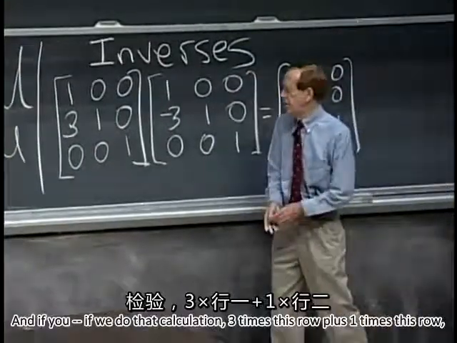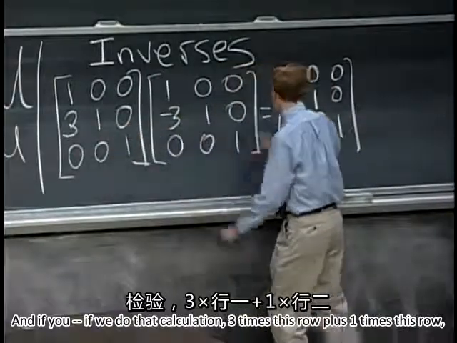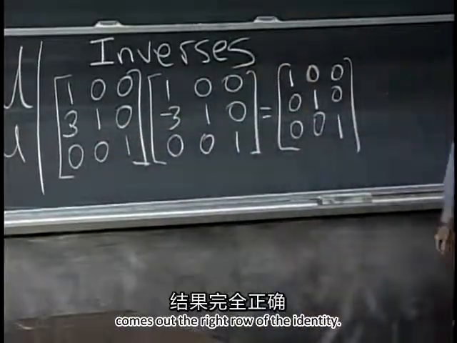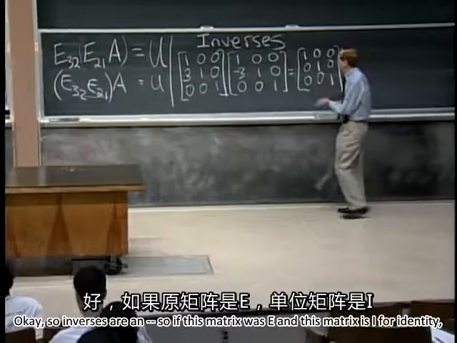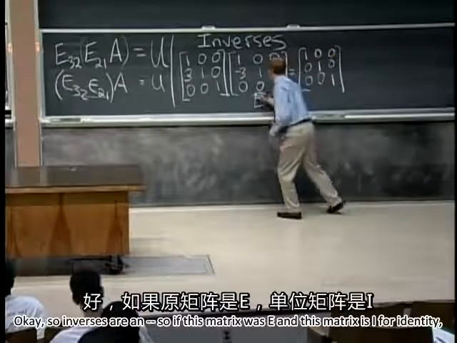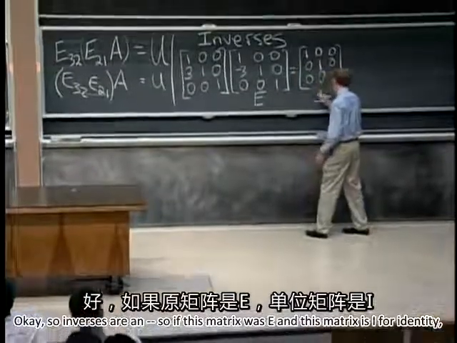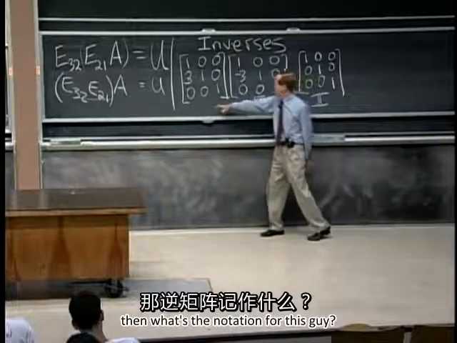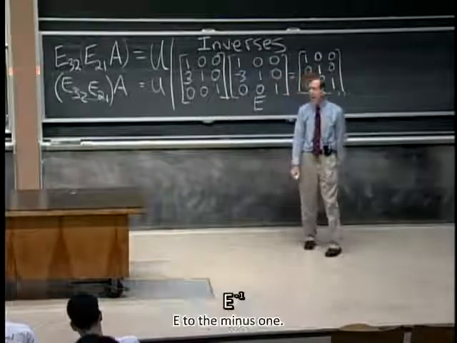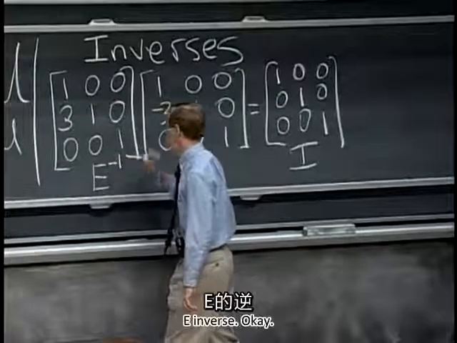And if we do that calculation, 3 times this row plus 1 times this row comes out the right row of the identity. Okay, so if this matrix was E, and this matrix is I for identity, then what's the notation for this guy? E to the minus 1, E inverse.